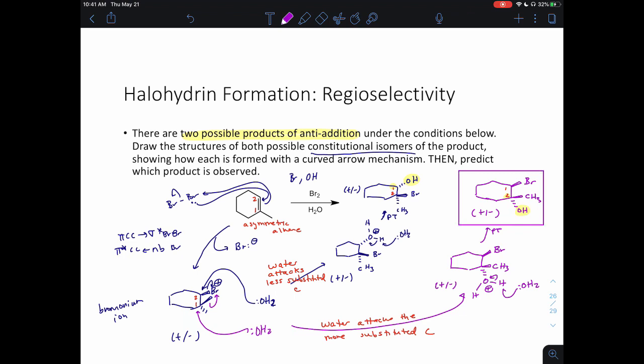The only observed product of this reaction is the one that I have just boxed. And that product results from water attacking the more substituted carbon of the bromonium ion. And now, of course, that is weird because this is an SN2-like step. Now, the clue that I gave you was that you should consider the bromonium ion analogous to a protonated epoxide.